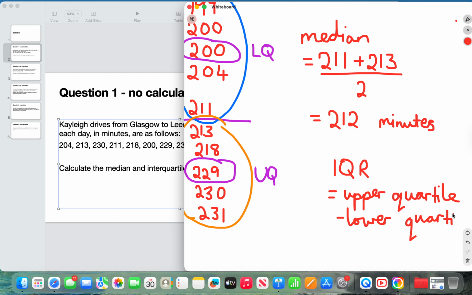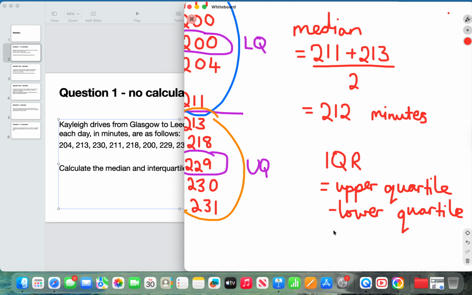Some questions might ask for the semi-interquartile range, in which case you divide this by 2, which would be 14.5.